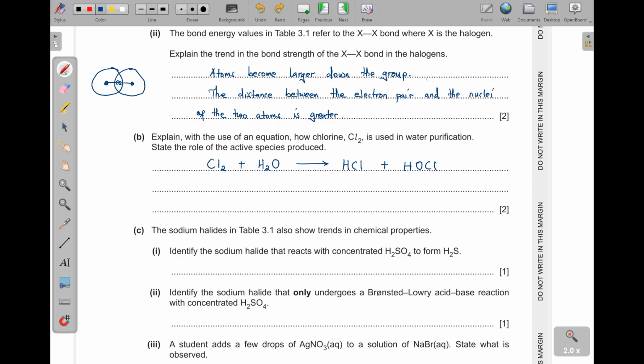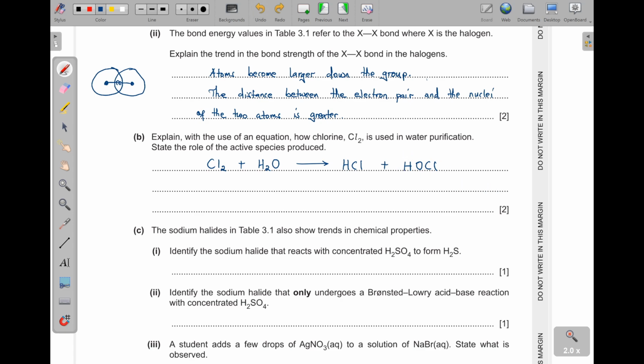And then state the role of the active species. So the active species is actually this one here. From here you can get ClO minus. So this one here is the one that is responsible for the killing of bacteria.